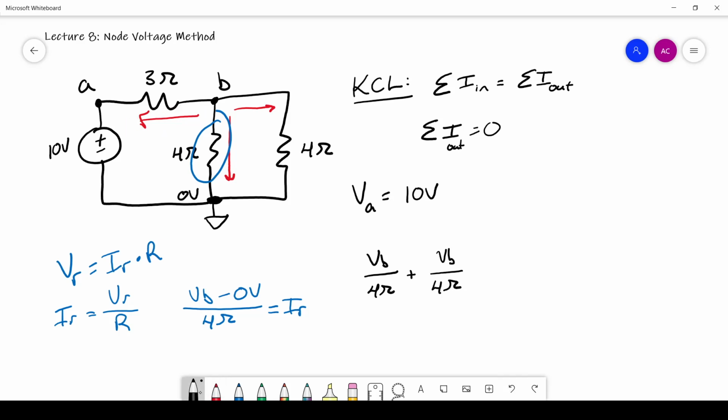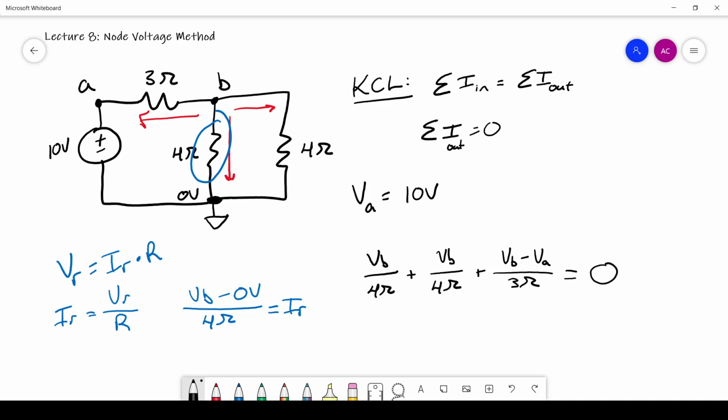For this current, it's just VB, except now we have to have a minus VA, because the potential difference across this resistor is VB minus VA, and then we divide by that resistance, 3 ohms. And KCL says that the sum of all the currents has to be equal to 0.